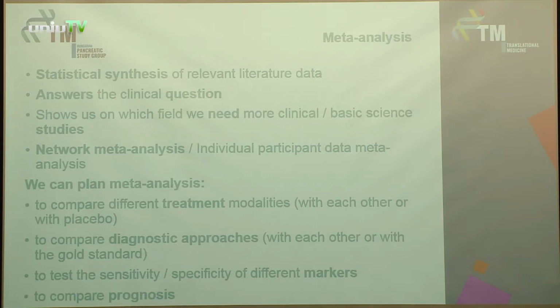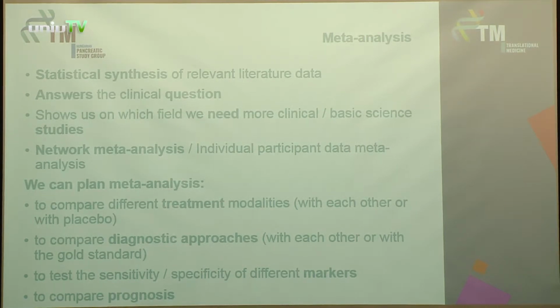As I said before, meta-analysis is a statistical synthesis of relevant literature data. It can answer specific questions, and it also shows in which fields we need more clinical trials or basic science studies to answer questions.